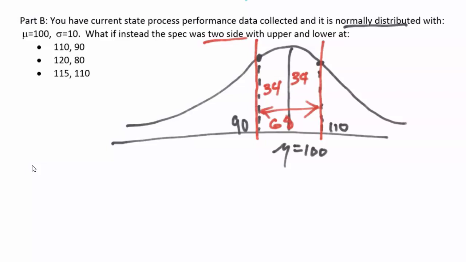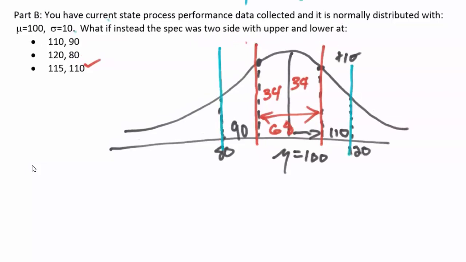The next part was what about if the spec was at 120 and 80? Let's take a look at that. This is just, again, back to simple empirical rule. We're at plus or minus 2 standard deviations. So this region right in here is going to be 95. And now the next question is, what if we're at 115 and 110?